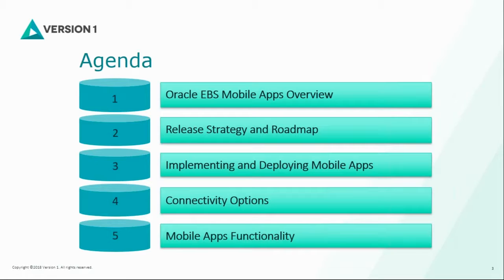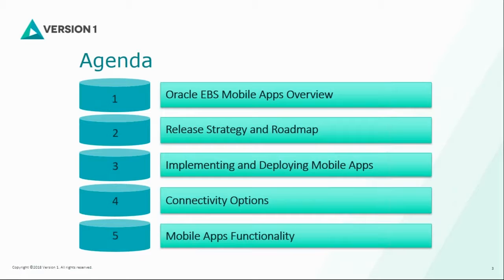Looking at the agenda for our review of them today, we'll first of all look at the list of mobile applications currently available for the e-business suite and also for Cloud ERP, formerly known as Fusion, obviously. Then at Oracle's release strategy and at the roadmap for the mobile app, you can see how that has developed and is developing.